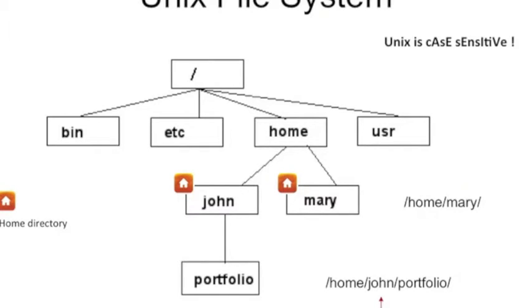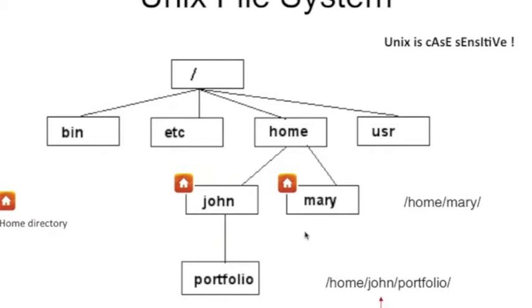The only difference is that on the cluster there are very many people, very many users. So every user will have their own directory. On this particular cluster, we have two users, John and Mary, and each of them has a separate directory. We refer to those as the home directory of John and the home directory of Mary.